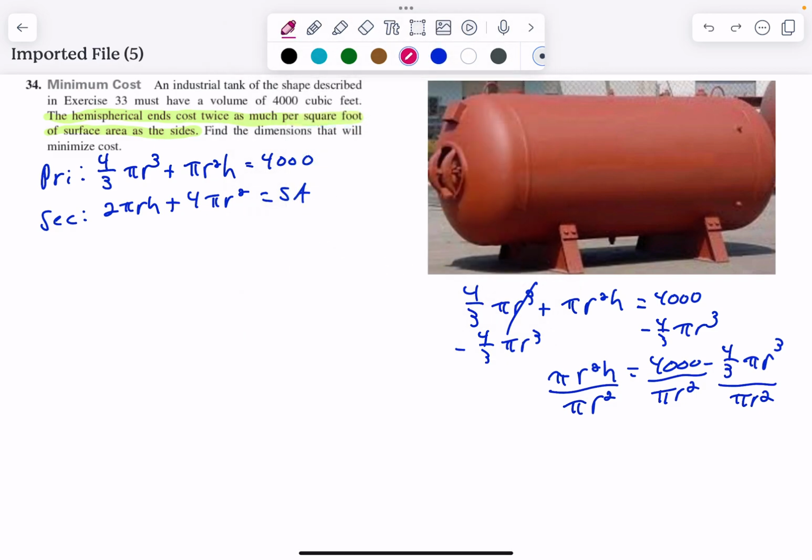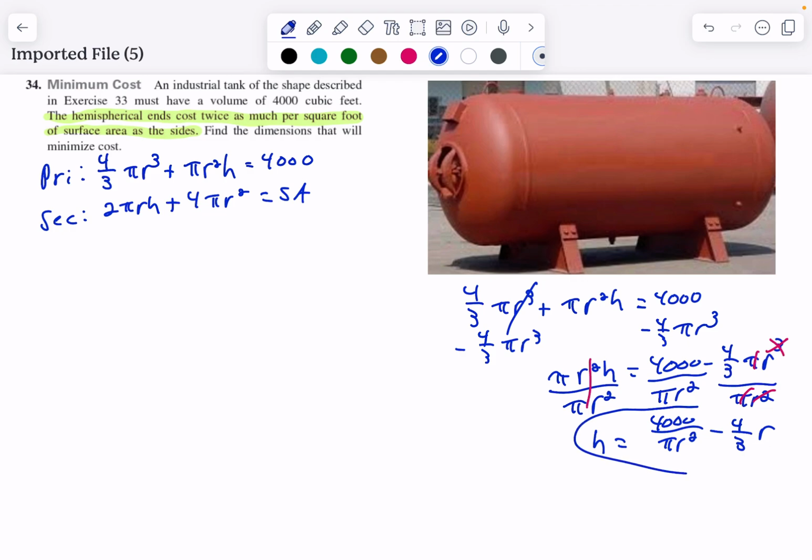Change color here to show that. That cancels. And I have h equals 4,000 over pi r squared minus, well, what's cool here is the pi's cancel, that r squared cancels, and leaves just one r up top. So after all that, we're left with 4/3 r. Okay, that's what h is equal to.